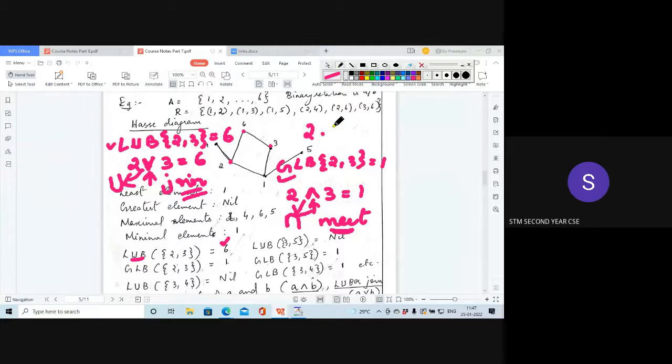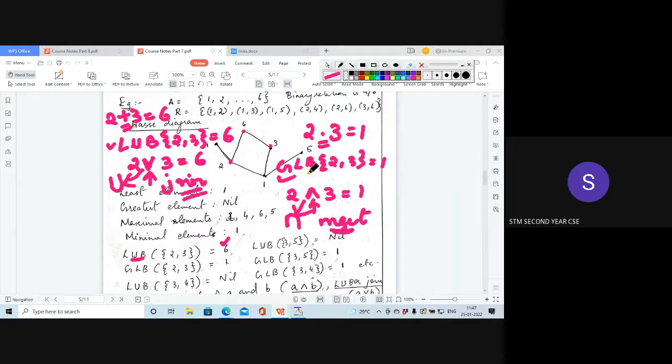For multiplication we use dot, so likewise 2 dot 3 is equal to 1, and instead of or we can use 2 plus 3 is equal to 6. Here the plus represents join and the dot represents the meet operation.